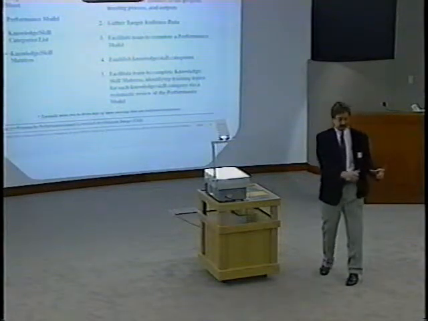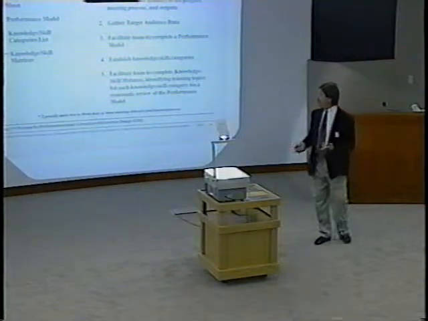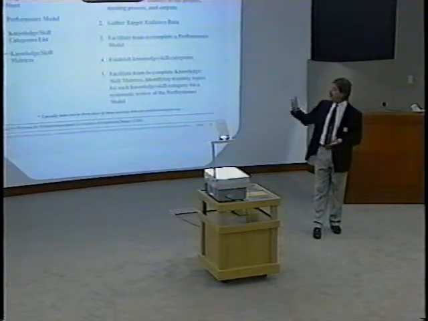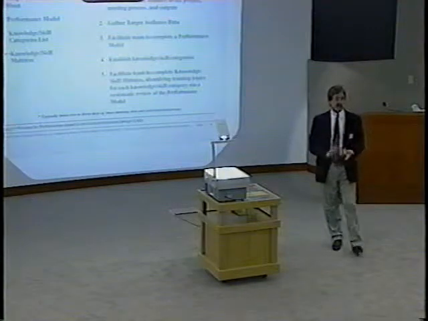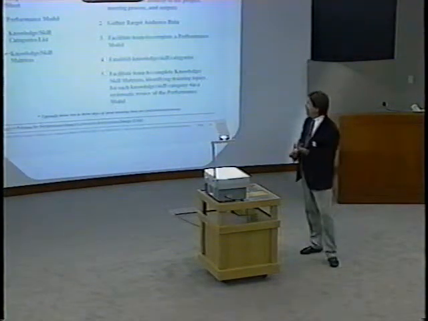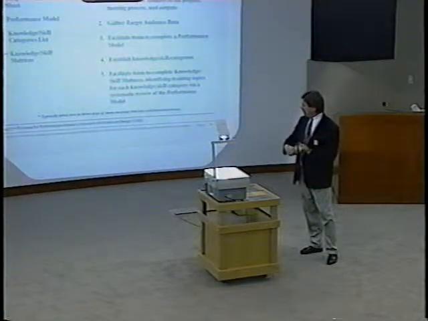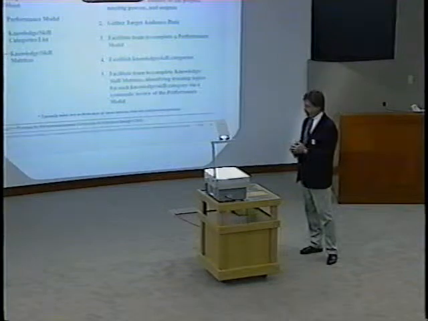A chunk like that of performers, basically in about 3 days you can crank out all the stuff I'm going to talk about. But there are some things you do beforehand. The target audience data: who are they? Where are they? What are the job titles? Where are they growing? You can do that outside the meeting, hopefully pre-meeting. You build a performance model of the knowledge and skills category list and the matrices in the meeting.